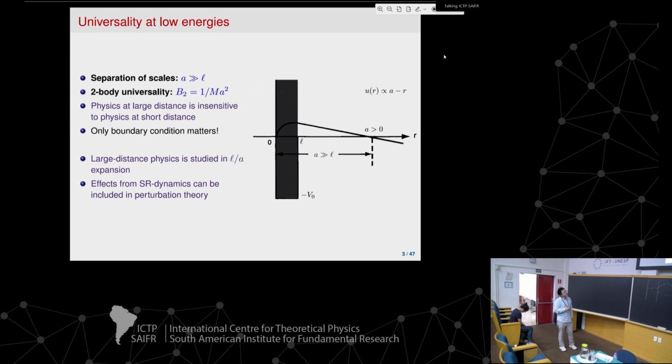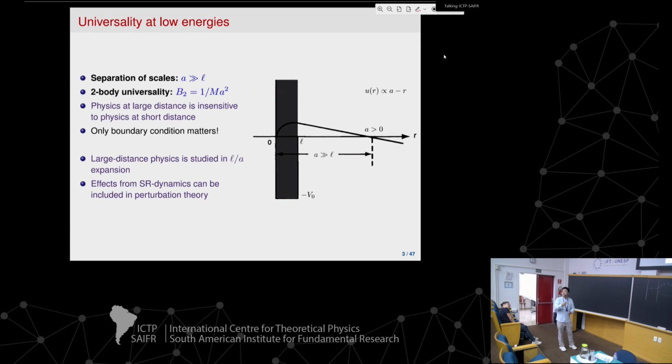It's based on this L over A expansion. L is the range of the interaction, and A is the scattering length. And you can add more details of the interactions using a perturbation series. If those details of the interaction matter, they will show up in this L over A expansion at higher orders.